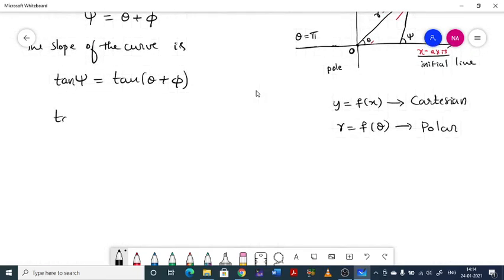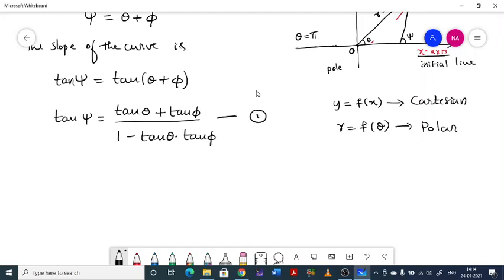So I get tan psi equal to tan a plus tan b divided by 1 minus tan a into tan b. So it will be tan theta plus tan phi divided by 1 minus tan theta into tan phi. We call this equation 1. This is one side of the proof.